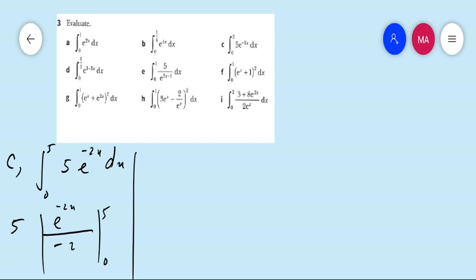Sorry, not 0 to 5, 0 to 2. This is my mistake. 0 to 2. So 5 minus 5 upon 2, applying the limit, e power minus 2 into 2 minus e power minus 2 into 0.